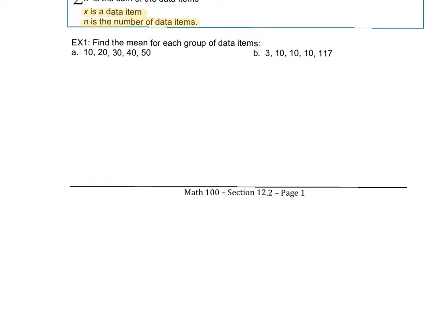So again, all we're going to do is add them up, 10 plus 20 plus 30 plus 40 plus 50, and then divide by how many we have, and we have 5. So this becomes 150 over 5, which is 30. In part B, we have a different group of data items.